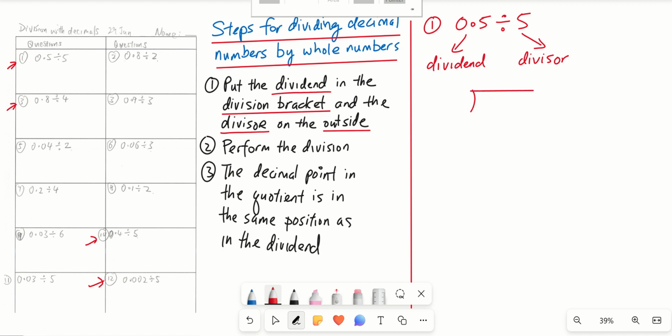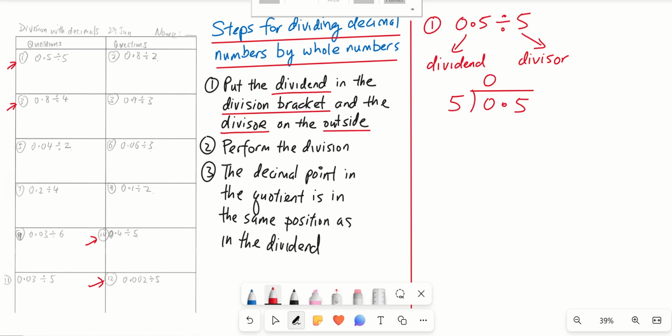We put 0.5 inside, and we put the 5, which is the divisor, on the outside. So we perform the division straight away. Looking at the 0, no 5s can go into a 0, so I put a 0 directly on top. So this 0 goes into the quotient.